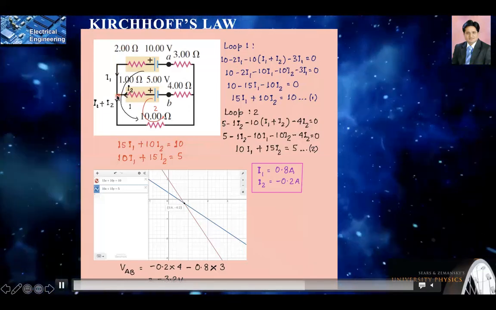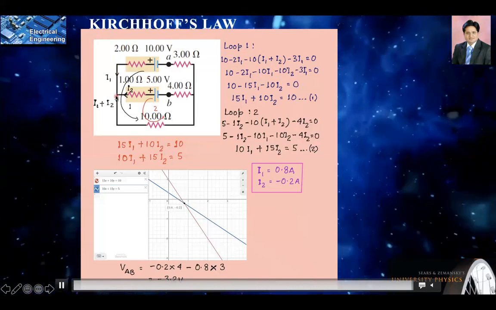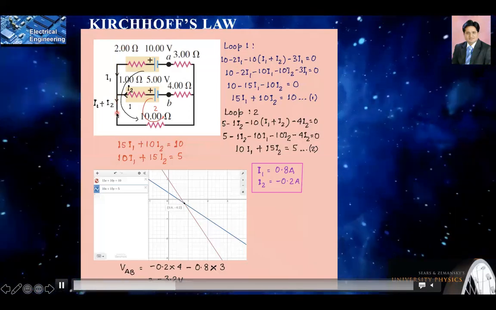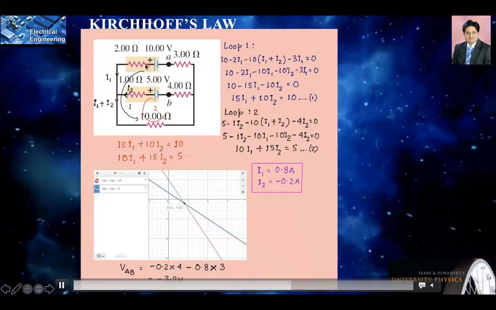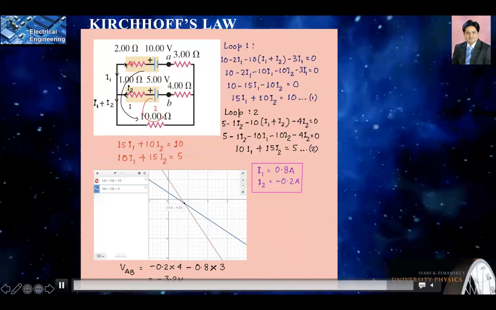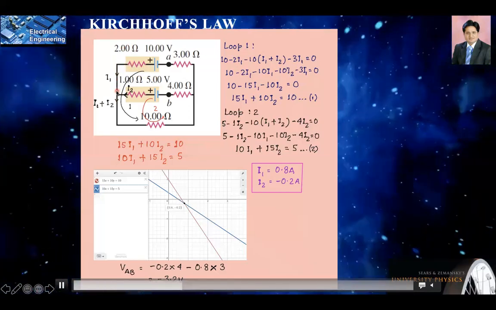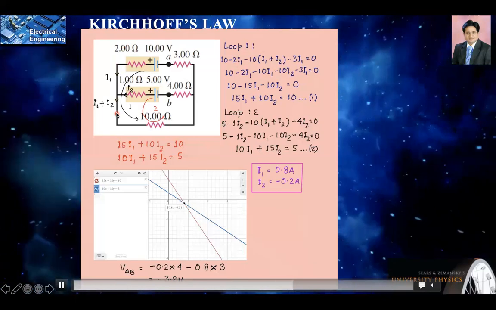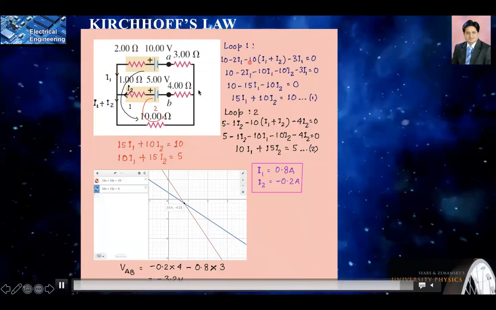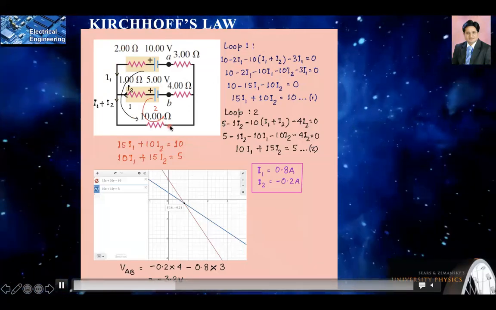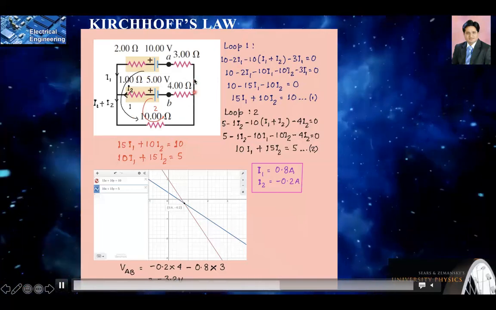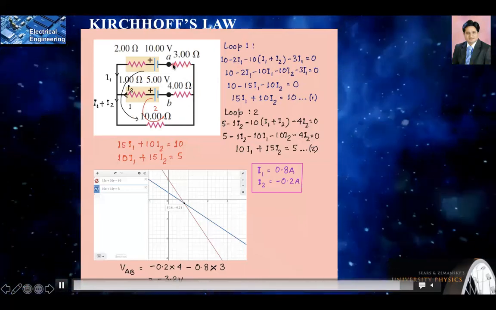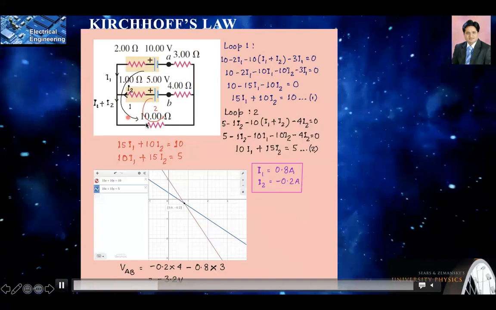So I1 and I2 combine here and they form I1 plus I2. So you could write 10 minus 2I1. And now if you look here, I1 and I2 combine together. So you will have minus 10 times I1 plus I2. And then as you go up, this is negative 3I1. So that's for loop 1.